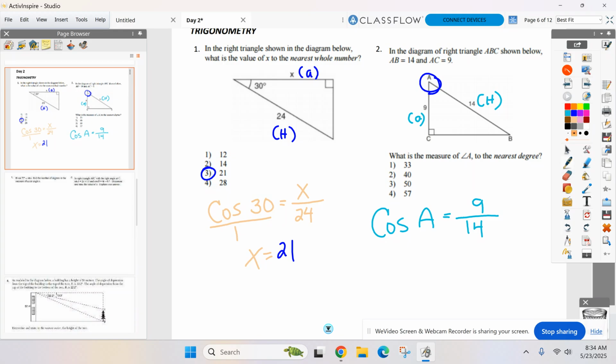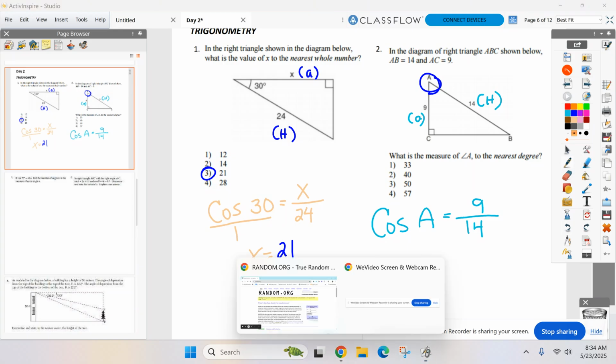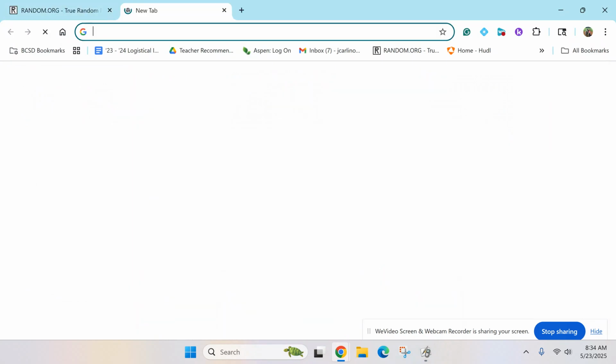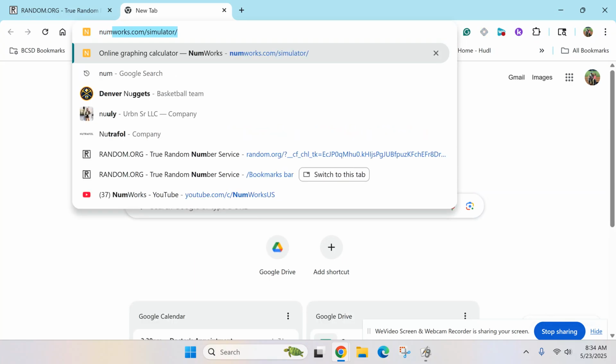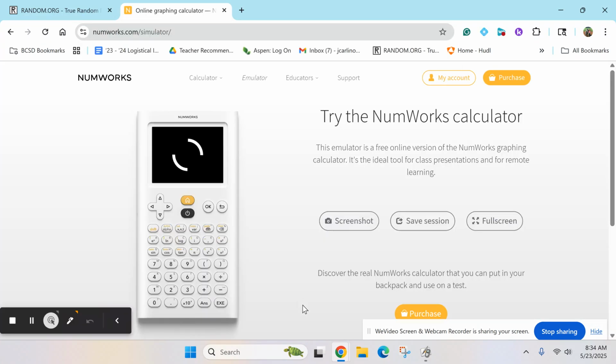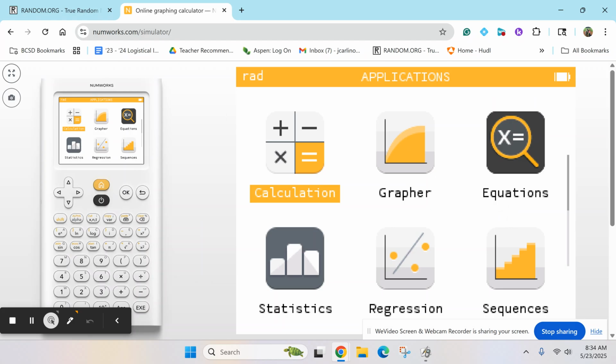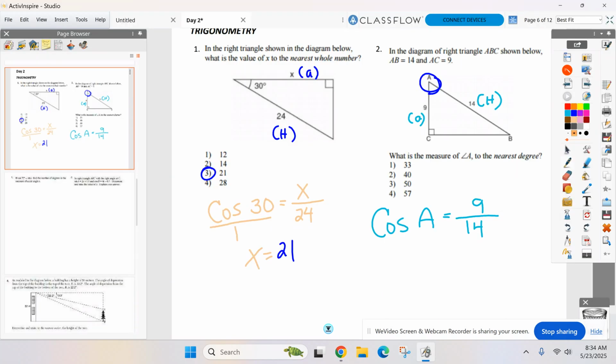Instead, I should have my NumWorks already up here. Instead, what we're going to use anytime we need to find an angle are the arc buttons, the ones that are in yellow above sine, cosine, and tangent. That is what we're going to use anytime you need to find an angle in a right triangle. So angle A, we're going to do arc cosine, and your calculator is going to ask you to put in a fraction.